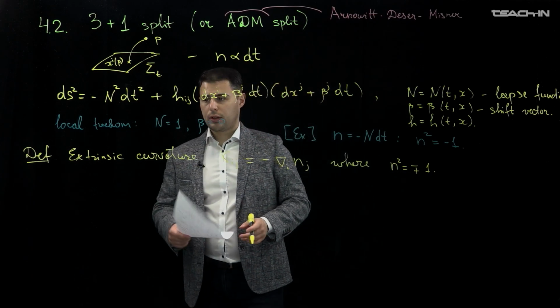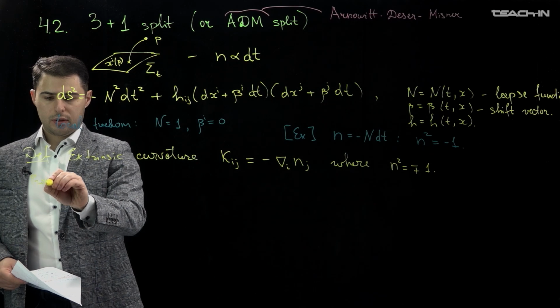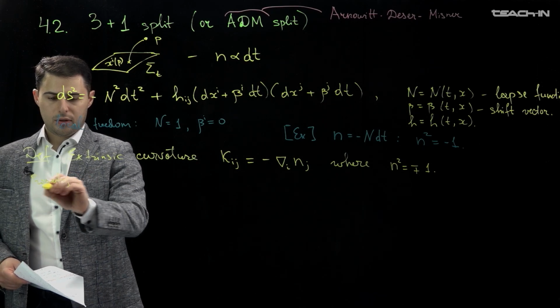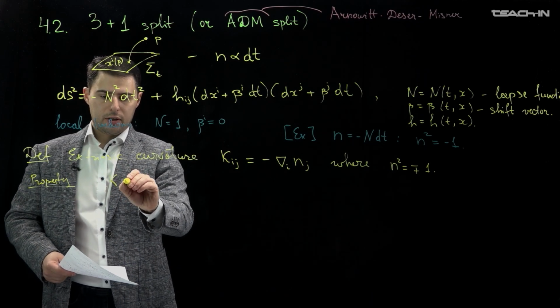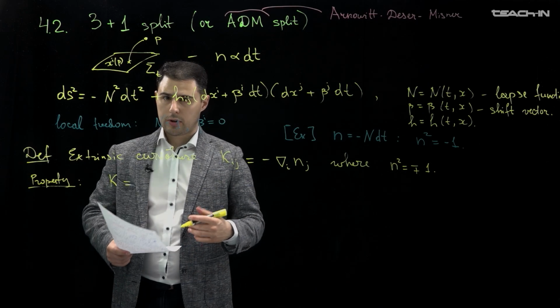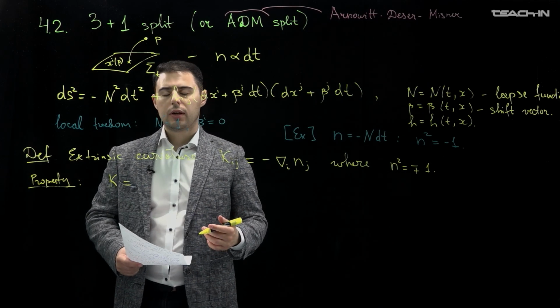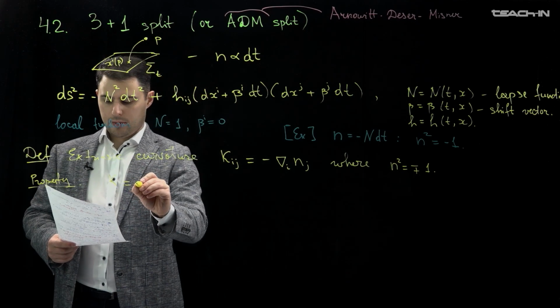There is an important property that K is the Lie derivative of the metric on the hypersurface, h_ij, with respect to the normal.